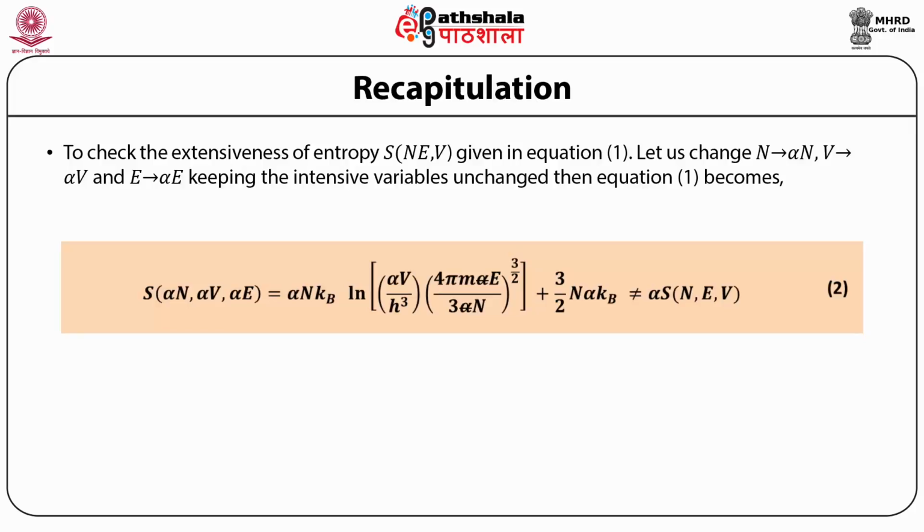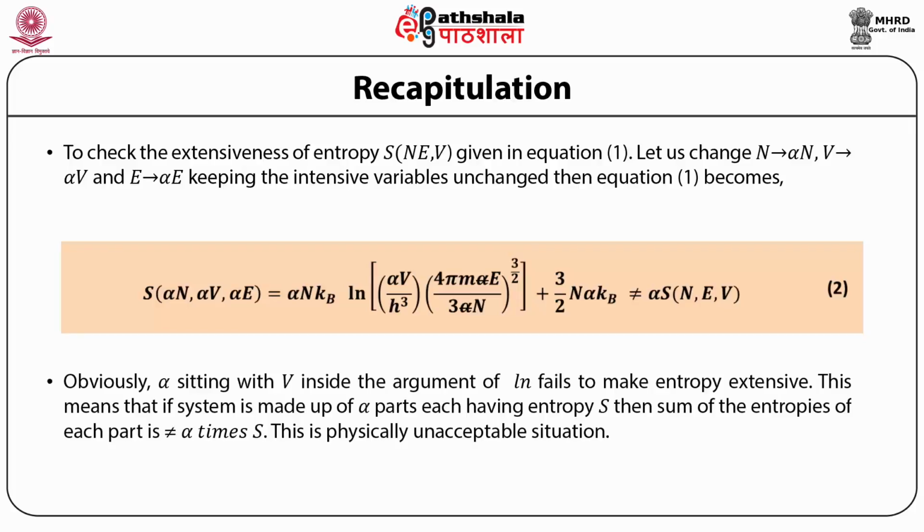Then equation 1 becomes S as a function of alpha N, alpha V, and alpha E is equal to alpha N multiplied by Boltzmann constant multiplied by log of alpha V divided by h cubed multiplied by 4 pi m alpha E divided by 3 alpha N raised to power 3 by 2, plus 3 by 2 alpha N k_B, which is not equal to alpha times S as a function of N, E and V. Obviously, alpha sitting with V inside the argument of log fails to make entropy extensive.